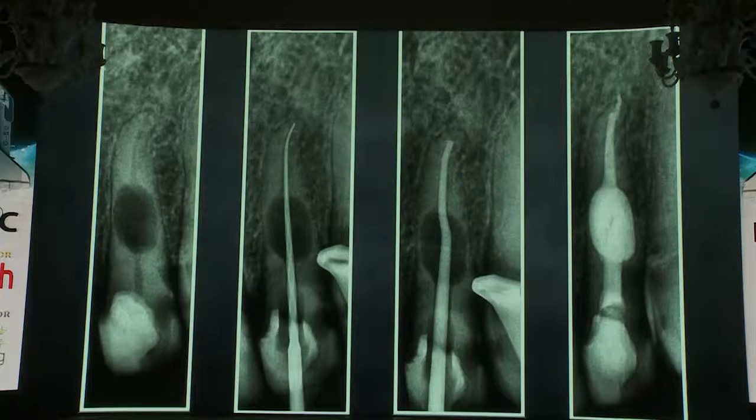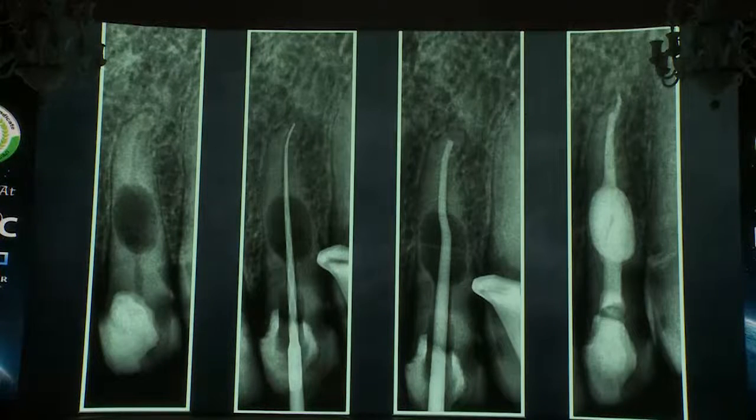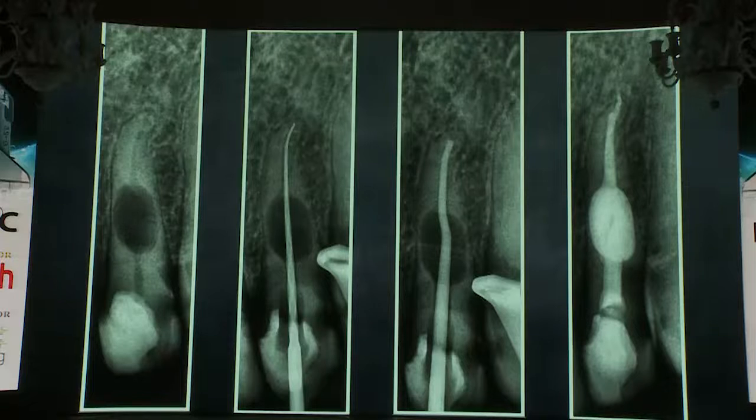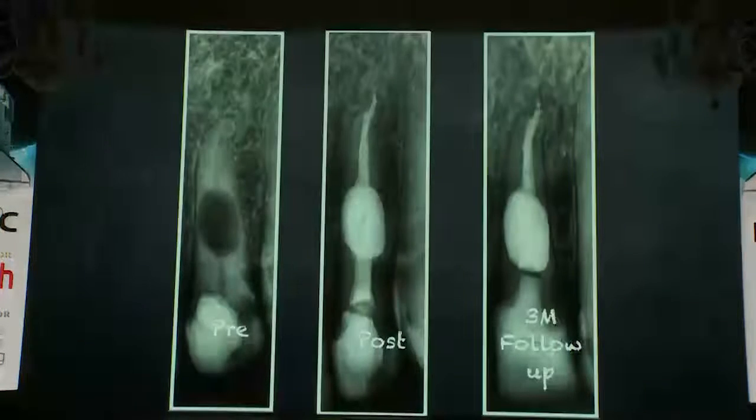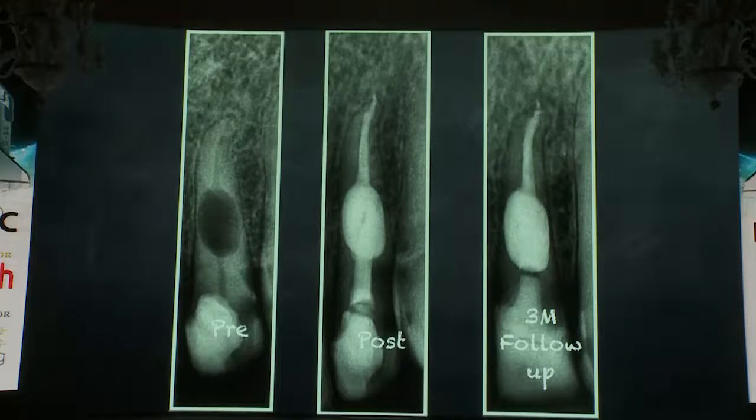I used diluted sodium hypochlorite, 1%. I used EDTA solution. I used citric acid. And after that, I used MTA sealer with warm vertical compaction. I obturated the apical third. Then the area of the root resorption, I obturated using MTA to reinforce the tooth. This is pre-operative, post-operative, and 3 months follow-up.